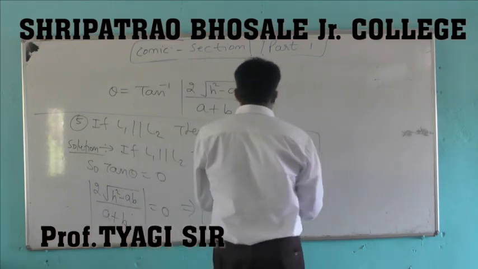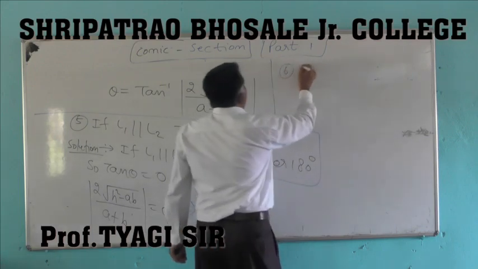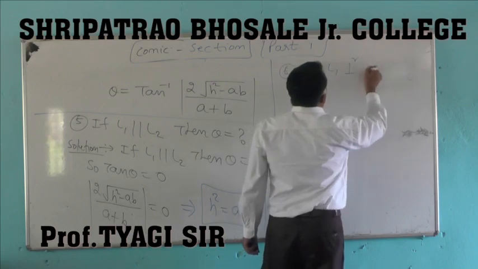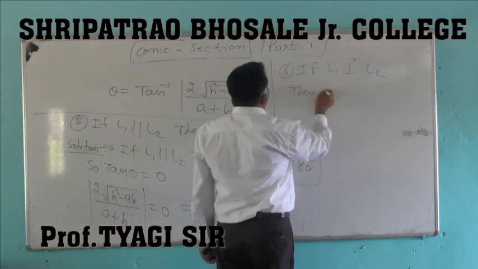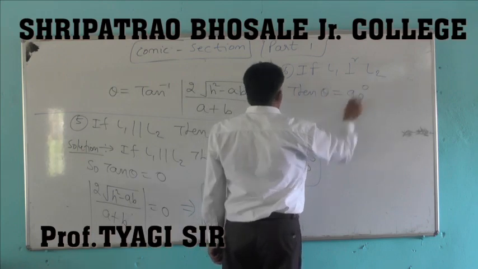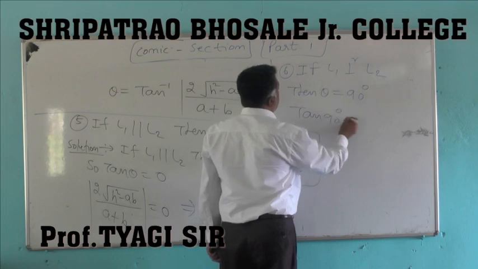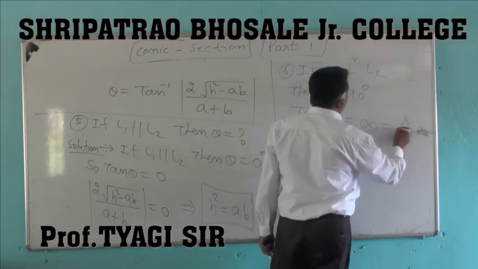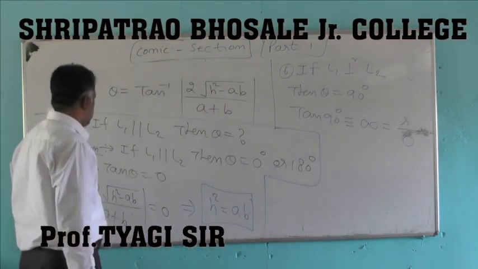Now, 6th point. If L1 is perpendicular to L2, then theta equal to 90 degree, and tan 90 degree means infinity, we can write something upon 0.